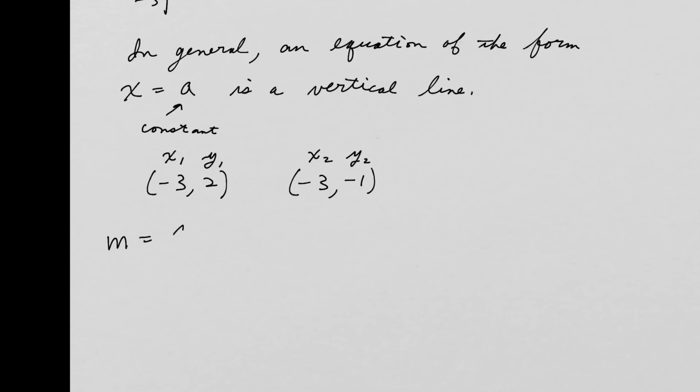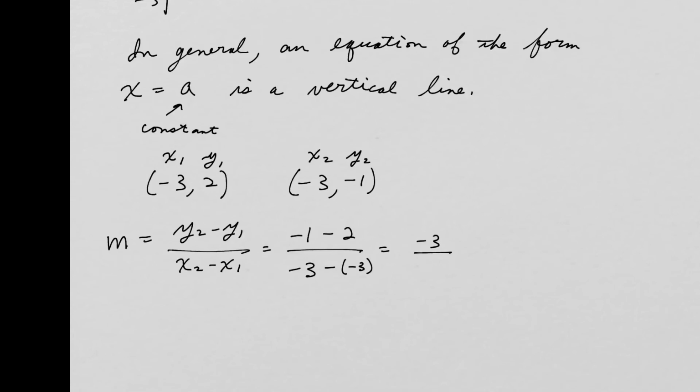So we have the slope is y2 minus y1 over x2 minus x1. So this will be -1 minus 2 over -3 minus a -3. So -1 minus 2 is -3. -3 minus -3 is -3 plus 3. That's 0. And what is -3 divided by 0? In fact, what's anything divided by 0? It's undefined.